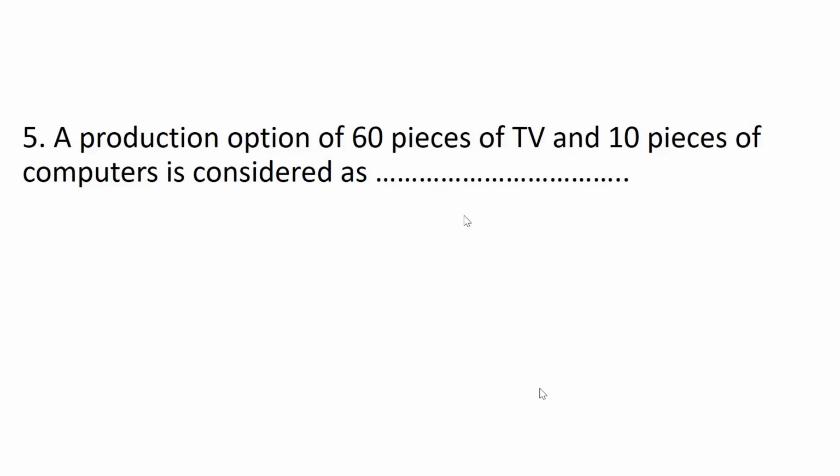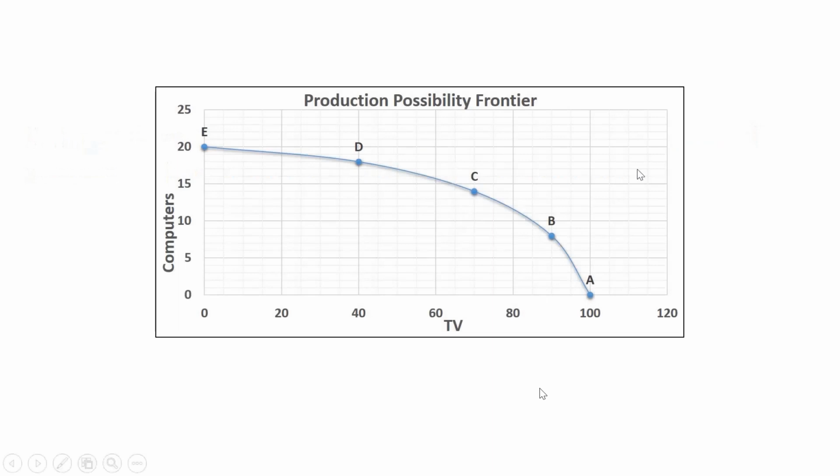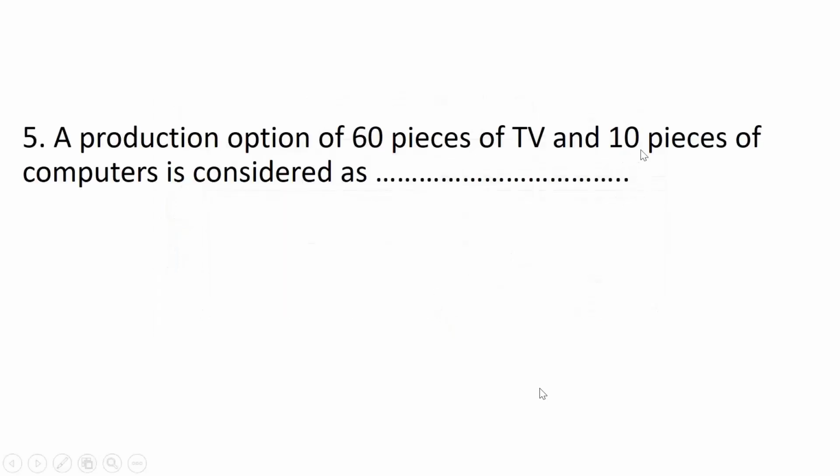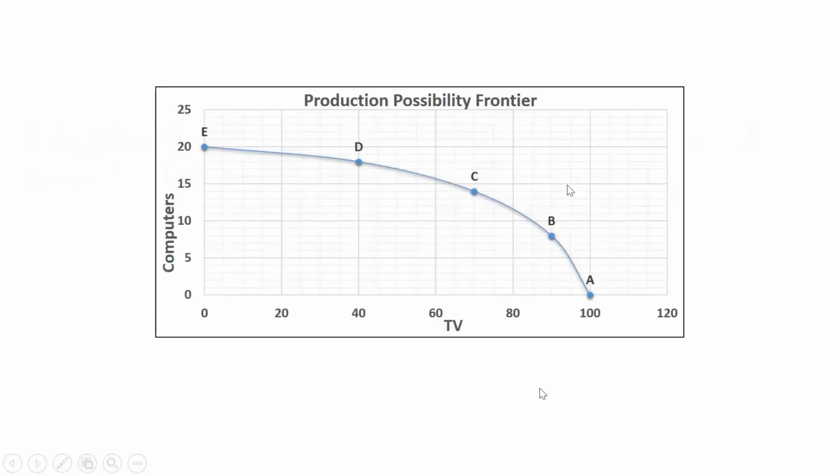In point 5, we have been given a production option. We are producing 60 pieces of TV and 10 pieces of computers. So how do we consider this? Is it efficient? Is it attainable? Let's go to the PPF. So we are producing 60 TV against 10 computers.